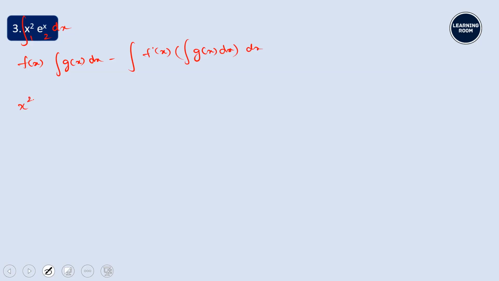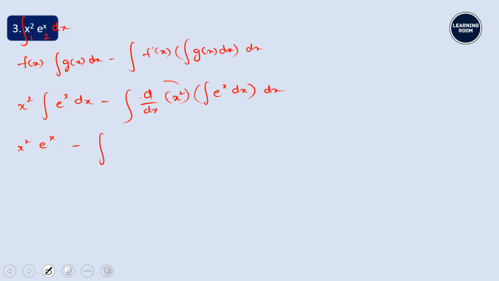Integral of g of x is integral of e power x dx, minus integral of d by dx of x square into integral of e power x dx, and you have another dx. So x square into integral of e power x is e power x, minus integral of derivative of x square, which is 2x, into integral of e power x, which is e power x dx.